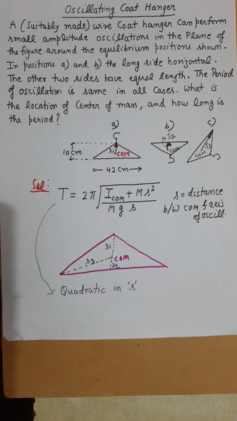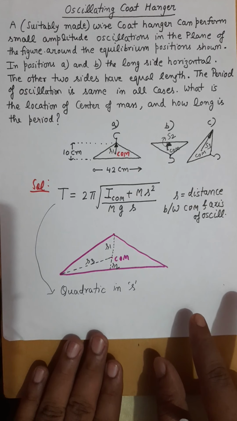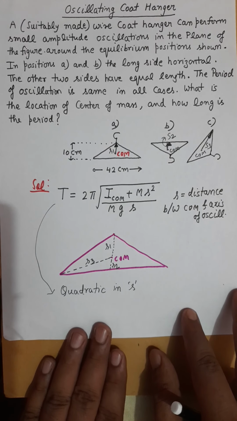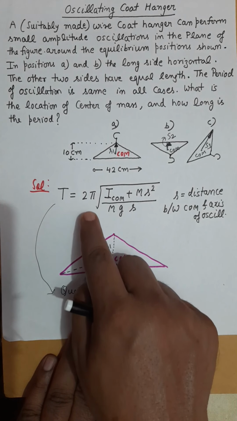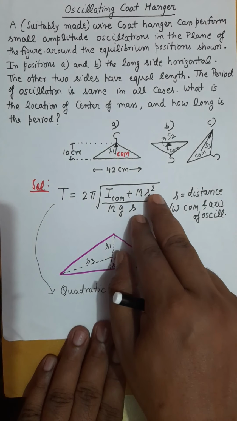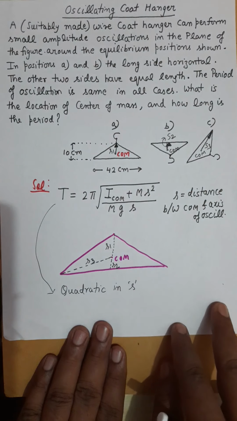A quadratic equation can give you two values of the variable, but as per the question we have three values of the variable small s. Remember, you will always get two values of s from this equation.